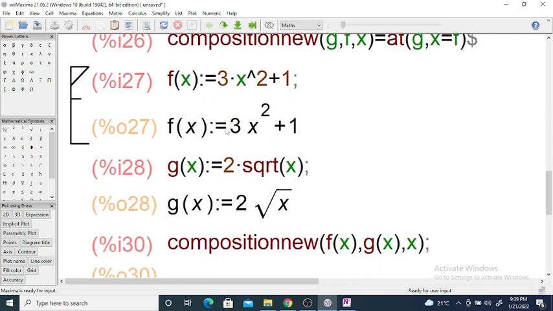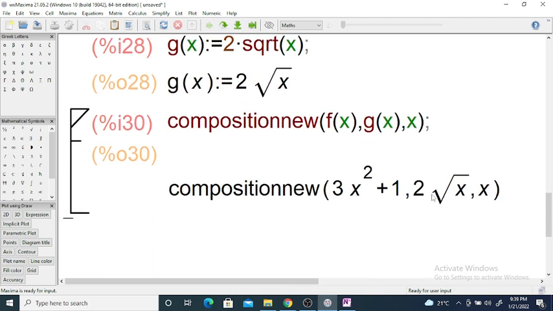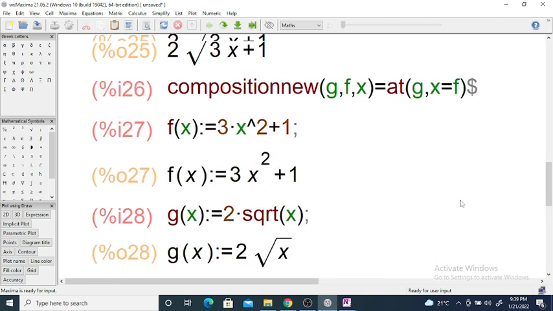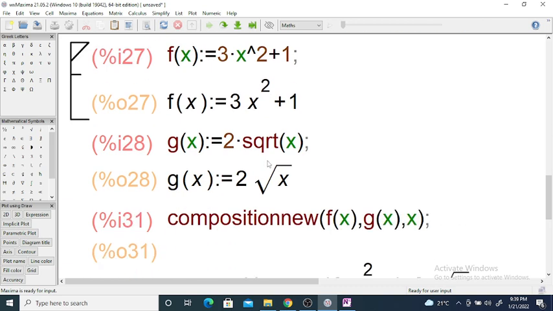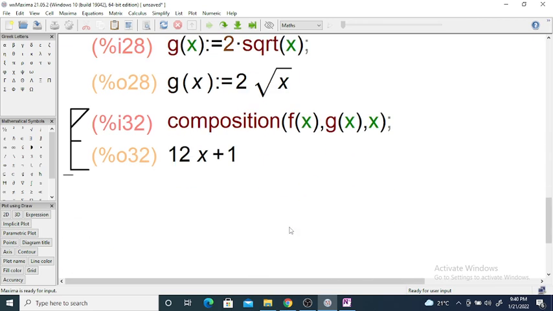Composition new is equal to at g x is equal to f. Instead of that, we are calling the previous functions a composition, and we get 12x plus 1.